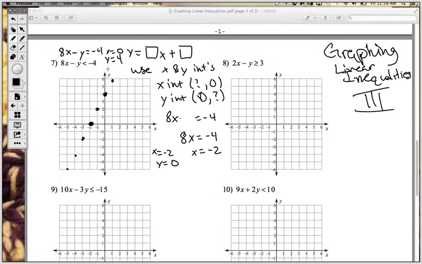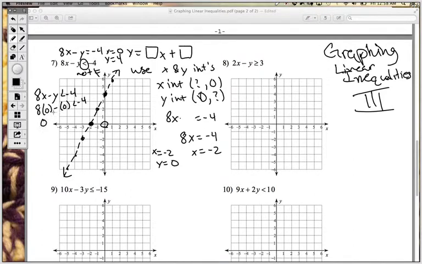So now what do we do with that? You see that this is not equal, so that means this is going to remain a dotted line. I'm going to go ahead and draw that freehand, but it's a dotted line. Now I have to test a point. I love testing (0, 0). Let's plug that in and see what we got. That would be 8x minus y is less than negative 4. So I'm going to plug in 0 for x and 0 for y.